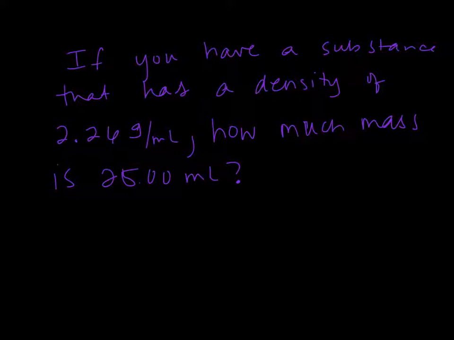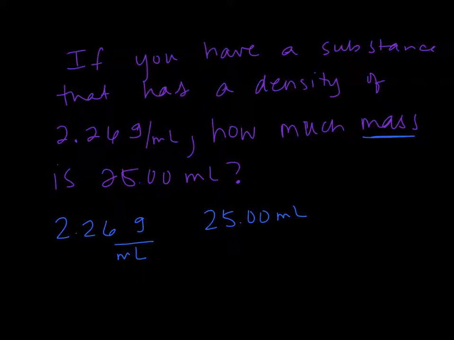Okay, so if you have a substance that has a density of 2.26 grams per milliliter, how much mass is 25 milliliters? So when I read this, I need to figure out what I've got. So I've got 2.26 grams in every milliliter. And then I also have 25 milliliters. And I'm looking for mass.